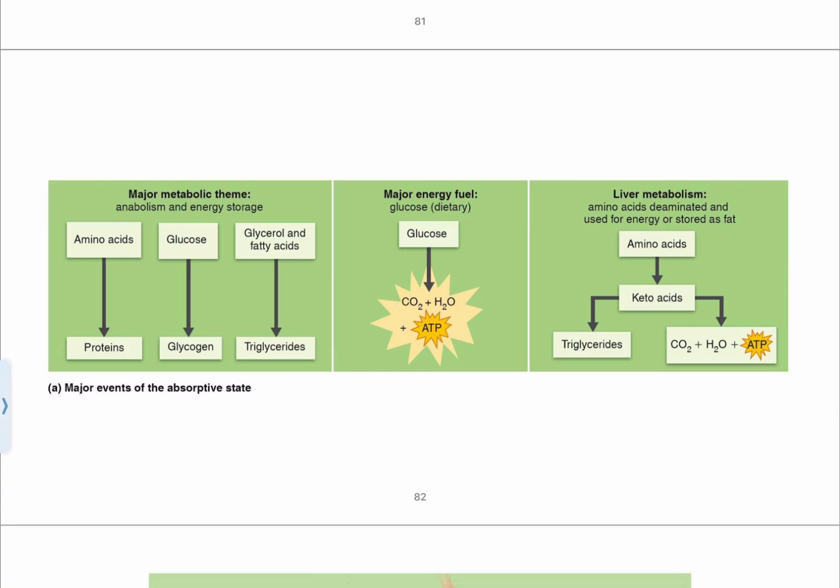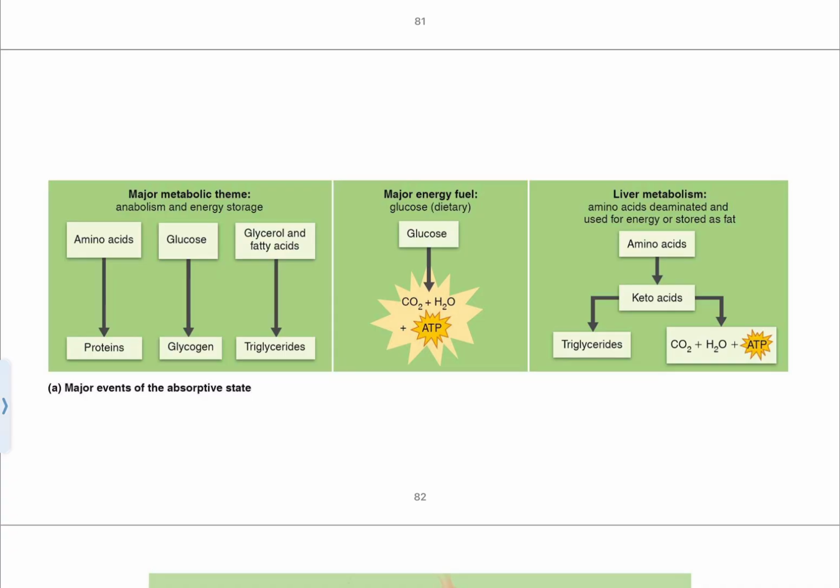So here's our basic theme of anabolism and energy storage during the absorptive state. Our amino acids are going to be used to make proteins. We're also going to have glucose that's going to be polymerized into glycogen, and our glycerol and fatty acids are going to form triglycerides for storage.